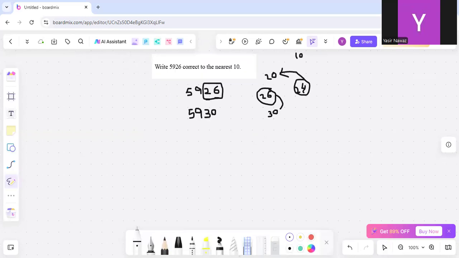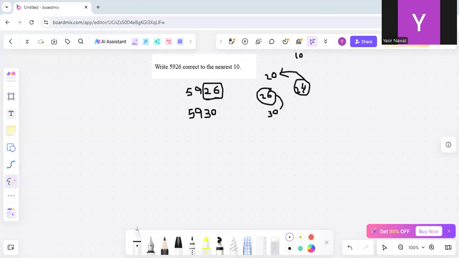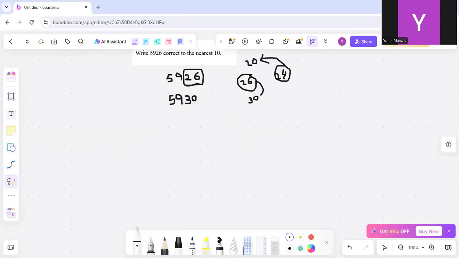Now the third question is just finding the midpoint. The question is to mark the midpoint of the line.